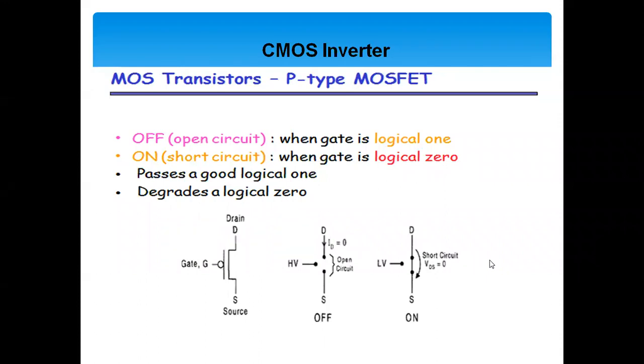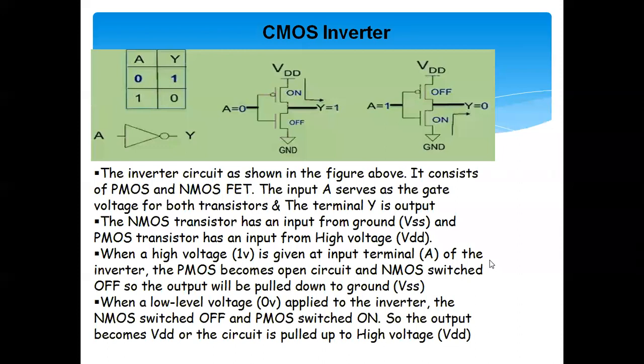Okay, now coming to the CMOS inverter. What is the construction of a CMOS inverter? This is the symbol of a PMOS transistor and this is the symbol of an NMOS transistor.